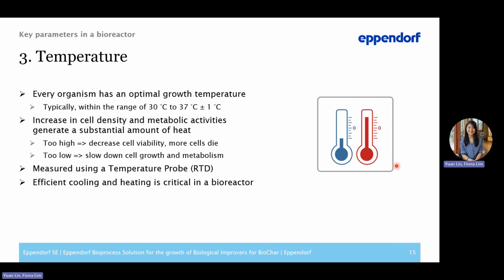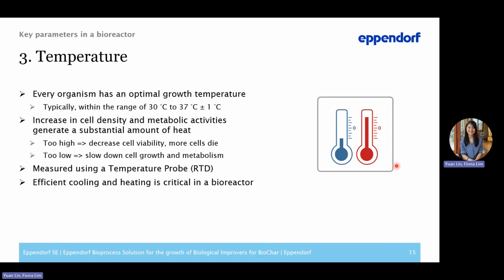And usually, when the cells grow, this is more common in microbial application, where there are a lot of metabolic activities and exothermic reactions happening in the bioreactor. It will generate a substantial amount of heat within the bioreactor.